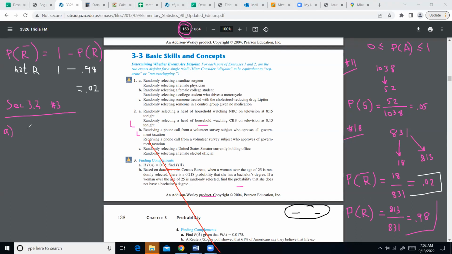That says if P of A is equal to 5%, or 0.05, what is the probability of not A, or A with this bar, which is called the complement or opposite to event A?